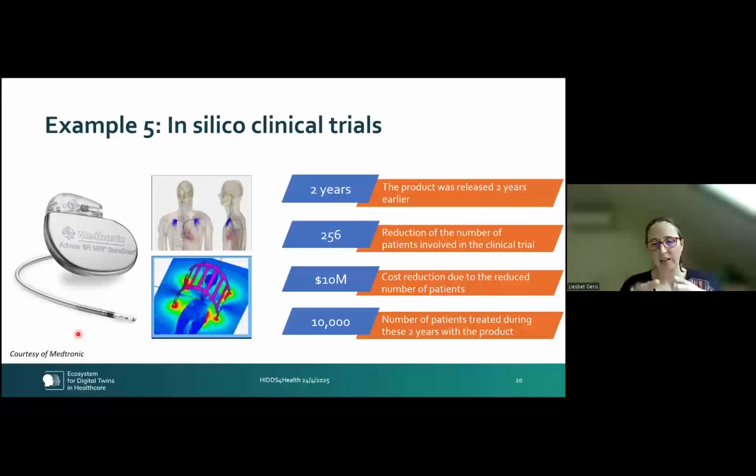Now, with that, they upscaled this to a human population, also using the real world data that they had been collecting from the devices that are already in use. And so they built a virtual population that had different geometries in terms of the orientation and the exact positioning of the lead wire, so that they had various patient anatomies that they could simulate.